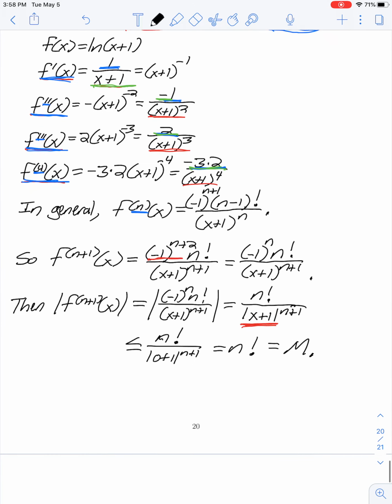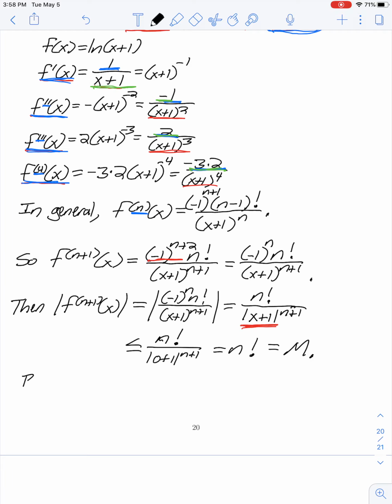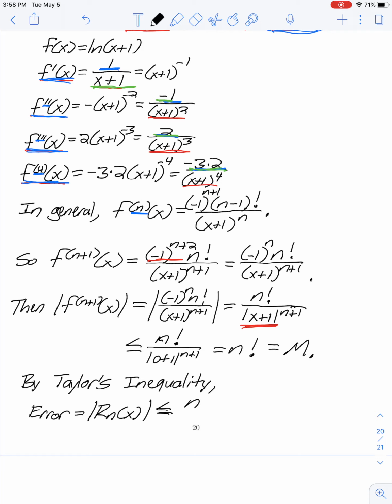So once we have m, we're ready to apply Taylor's inequality. So let's see what we have. By using Taylor's inequality, the error in a Taylor polynomial approximation is bounded above by m, which we found to be n factorial, divided by n plus 1 factorial, times the absolute value of x minus a.